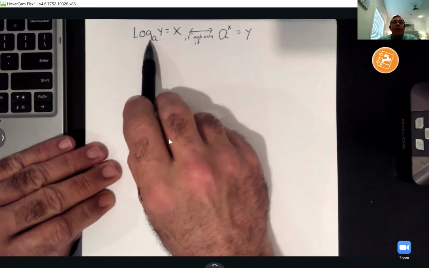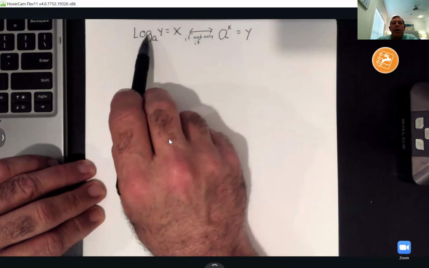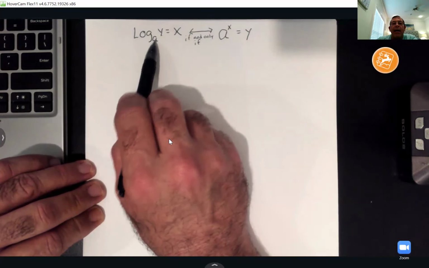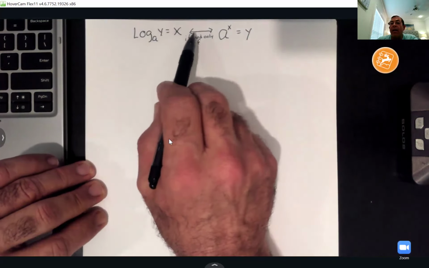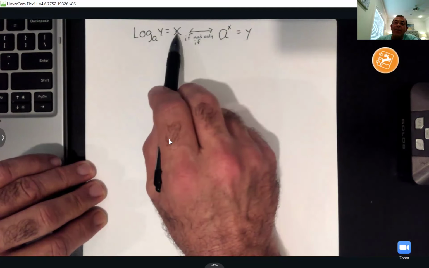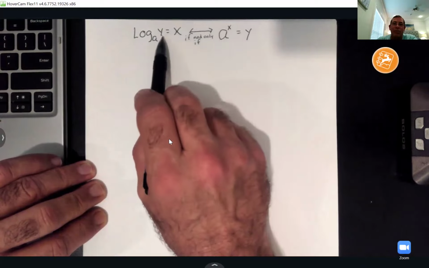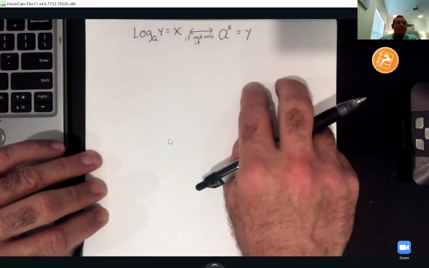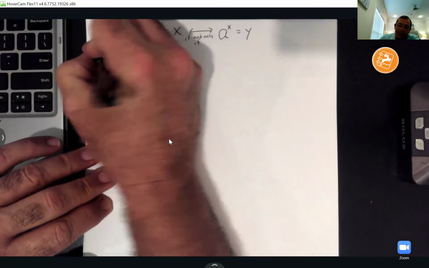So this is your conversion between logs and exponentials. A log base a with a result of y equals the exponent x if and only if the base raised to the exponent equals my result. Okay? So let's see how y'all do on some of these.